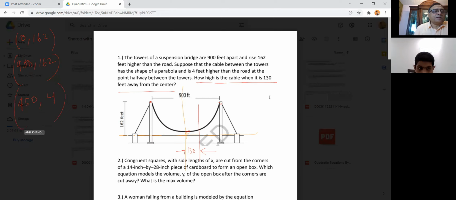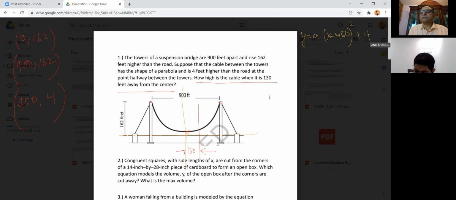You can always use the vertex form to get the equation. Because your vertex now is at 450, 4, we can write the equation as y equals a times x minus 450 whole square plus 4.